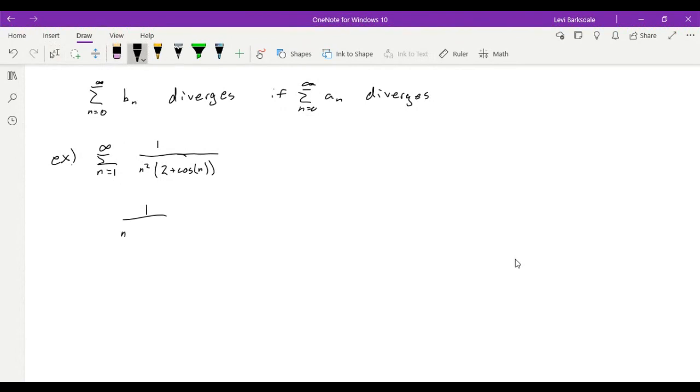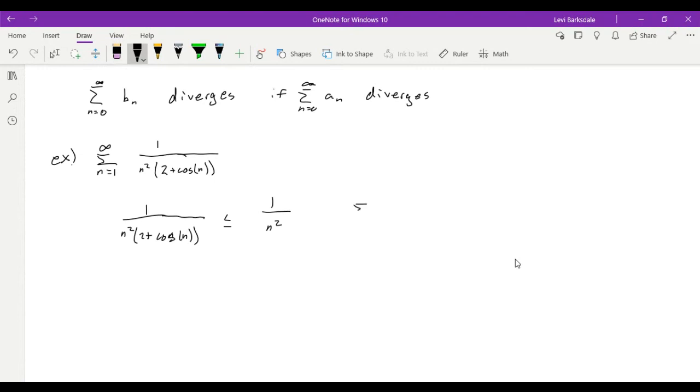I noticed that this 2 plus cosine of n bit is always bigger than or equal to 1. So I can say that 1 over n squared times 2 plus cosine of n is always smaller than or equal to 1 over n squared.